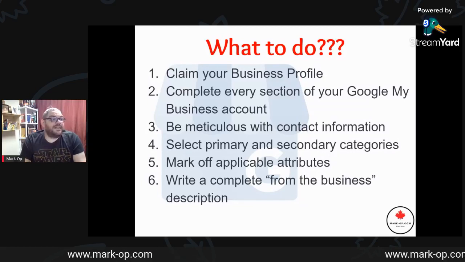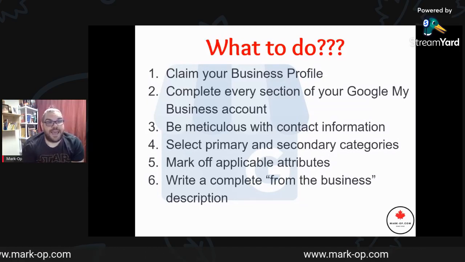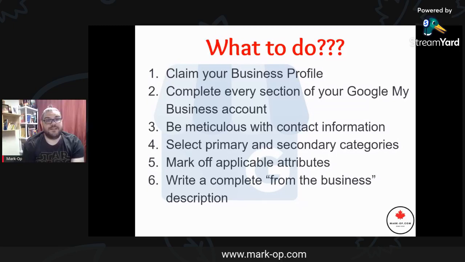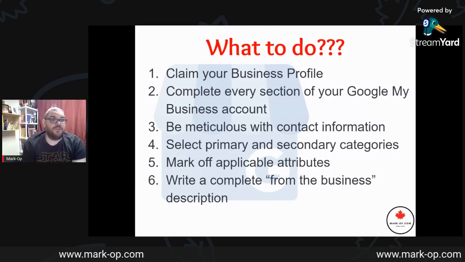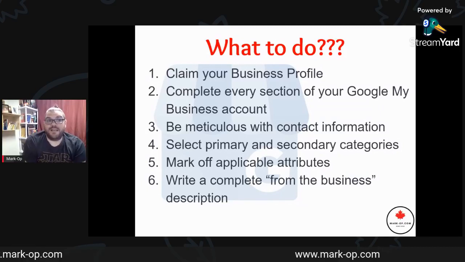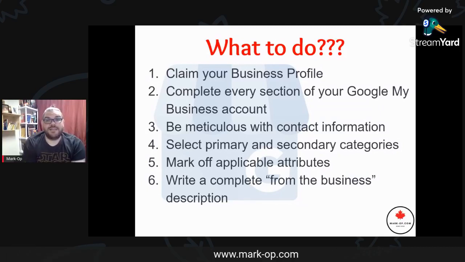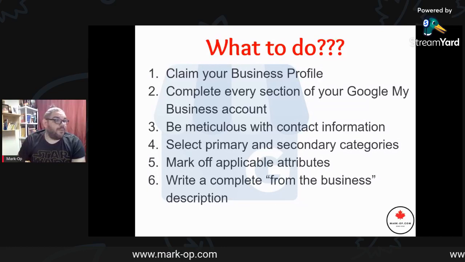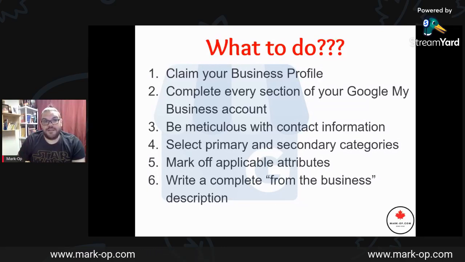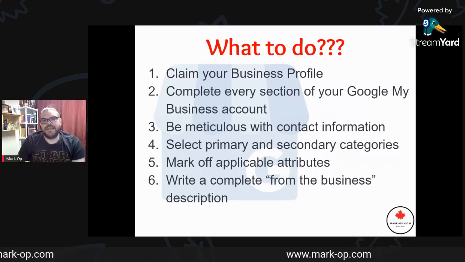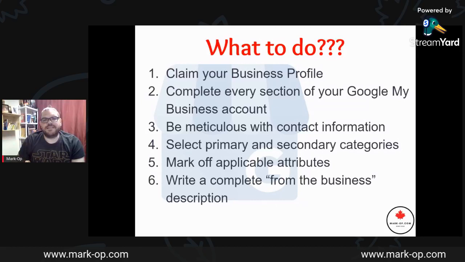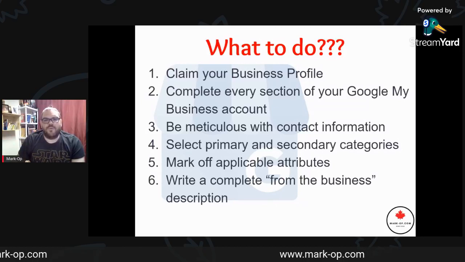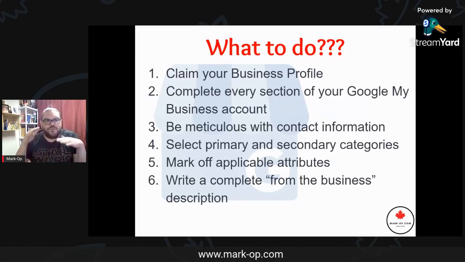Now, you have to select a primary and secondary category. So, what type of business are you? Are you a shipping company? Are you selling? What do you sell? Make sure that you select the proper information for your categories. The categories are pretty broad, so you'll see that the information is easy to find.